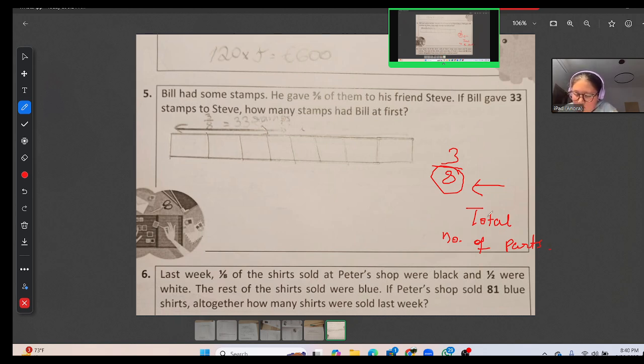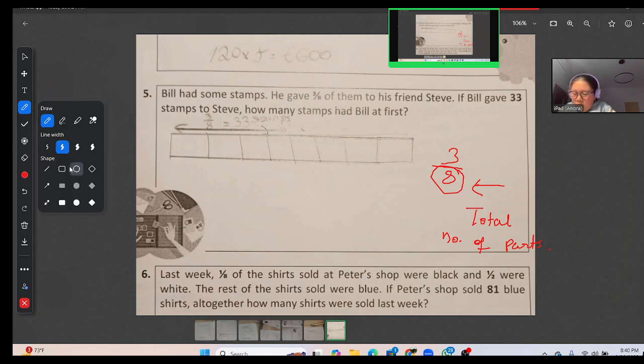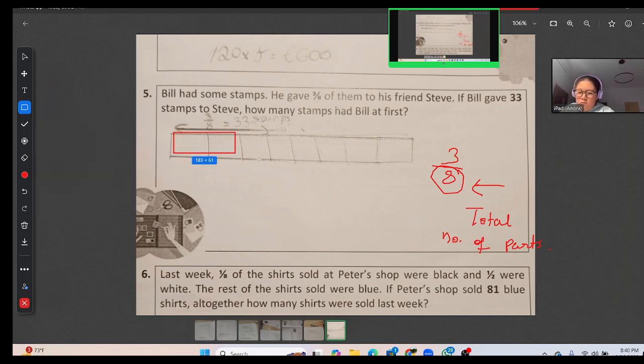Like here, the bar would have 8 parts because the denominator is 8. So you draw a bar and make 8 parts: 1, 2, 3, 4, 5, 6, 7, 8.